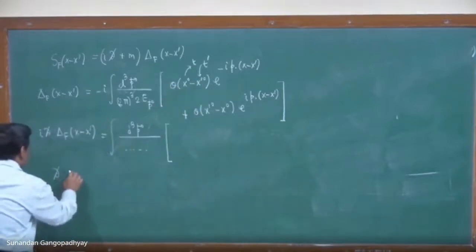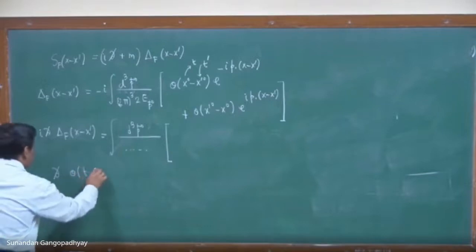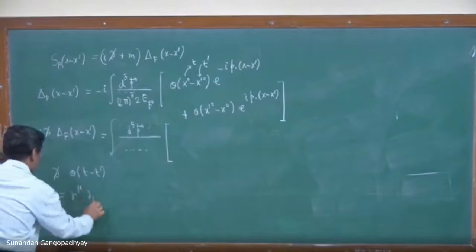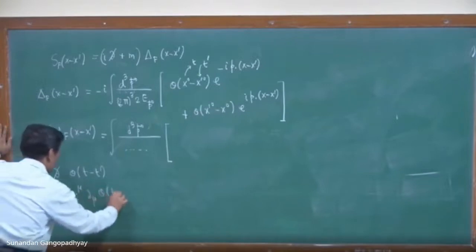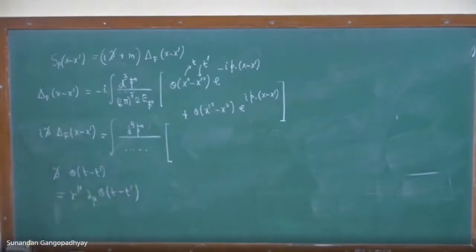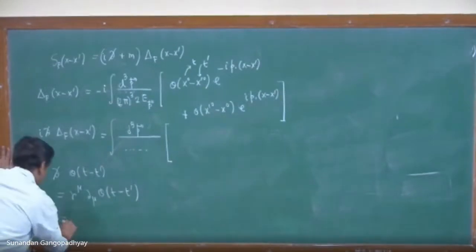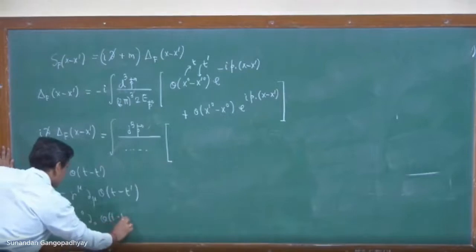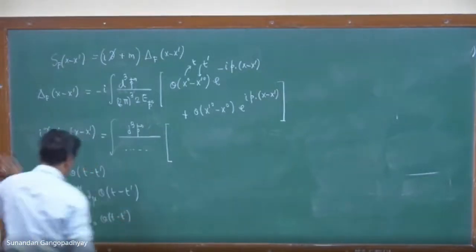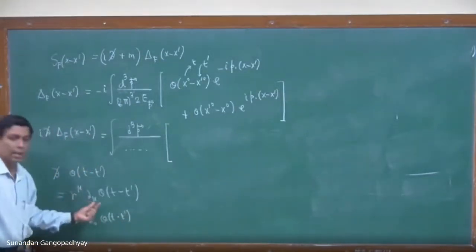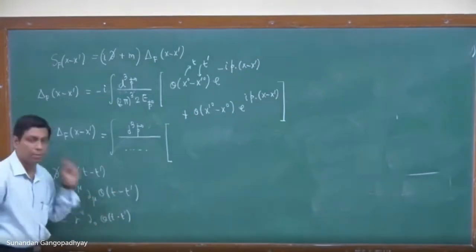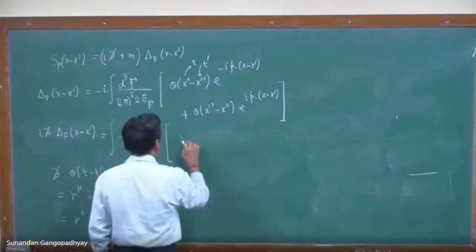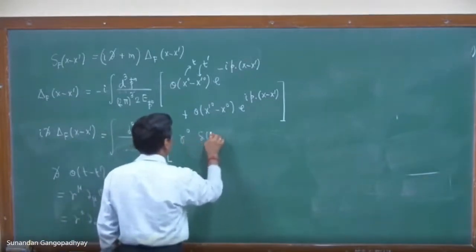Del slash acting on theta of t minus t prime is gamma mu del mu theta of t minus t prime. But this is equal to gamma 0 del 0 theta of t minus t prime. And there is another part which is gamma i del i, but gamma i del i acting on theta will be 0. So that is not there. Therefore, we have gamma 0 delta of t minus t prime.